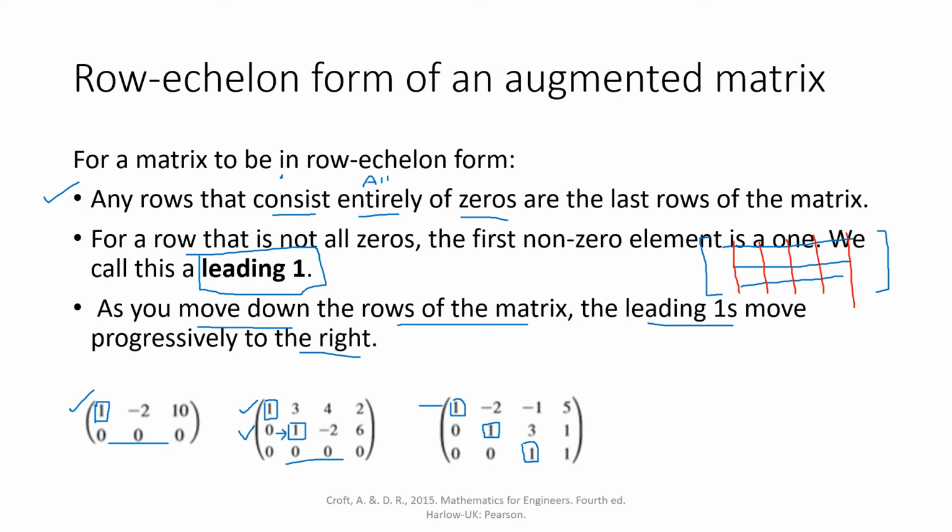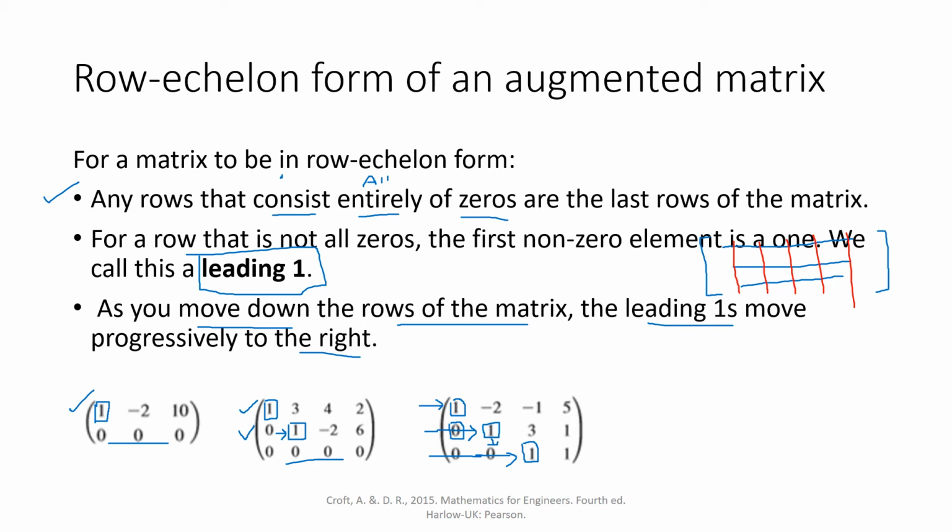In the third row, the leading one has moved more to the right. And note that when the leading one is moving to the right, on its left there will be zeros, and under it, it will be 0.